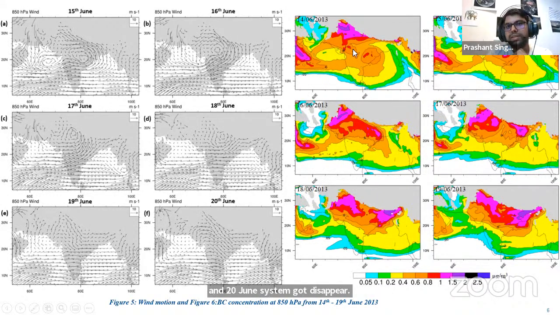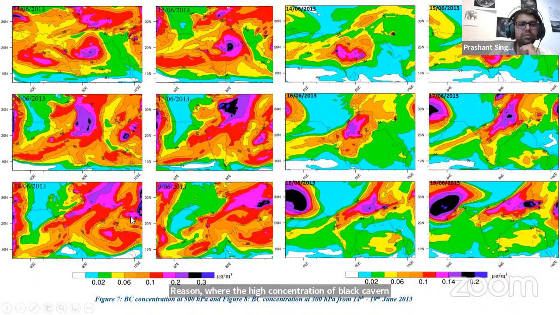So you can see near surface black carbon. These are the IGP region where a high concentration of black carbon was present. But when we see over 500 hPa and 300 hPa, you can see trapped black carbon.